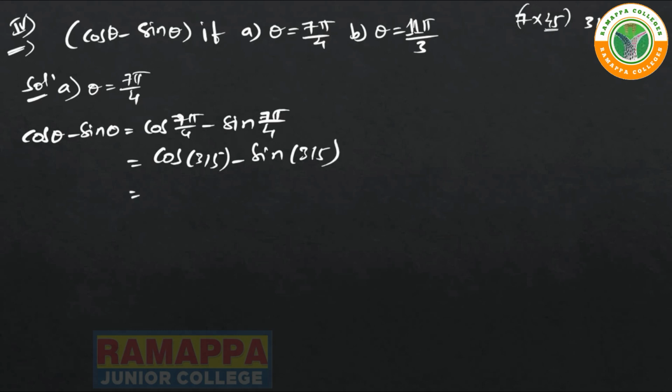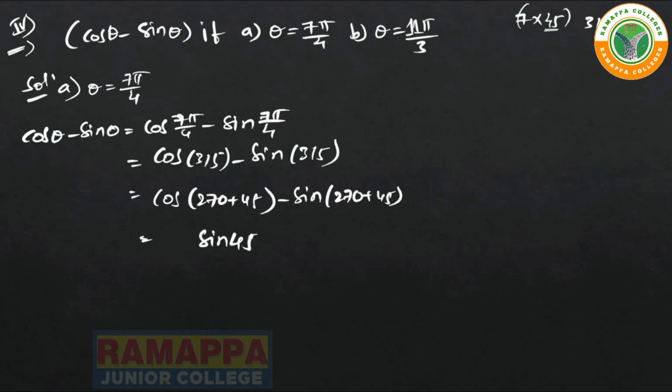We can write it as cos of 270 plus 45 minus sin of 270 plus 45. What is the formula here? Cos of 270 plus theta is sin theta, so it means sin 45, and minus sin of 270 plus theta is minus cos theta, so minus cos 45.